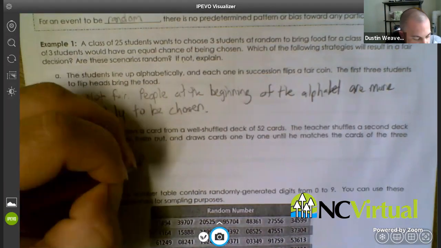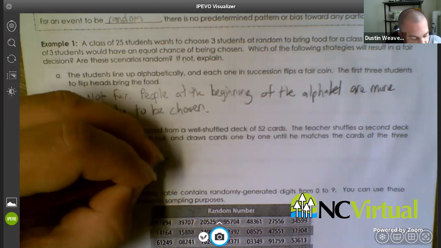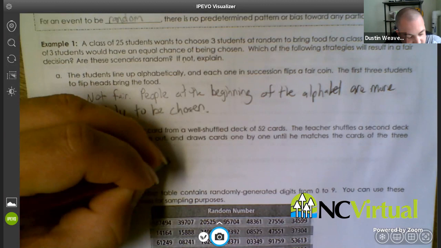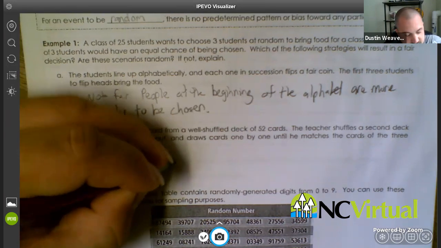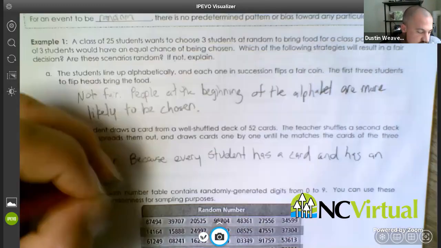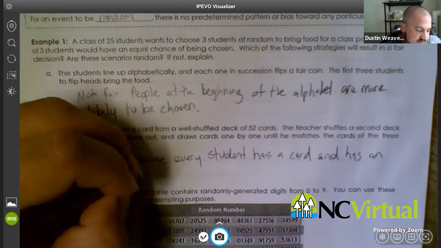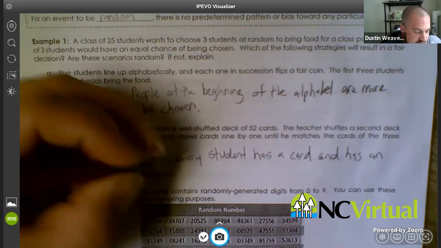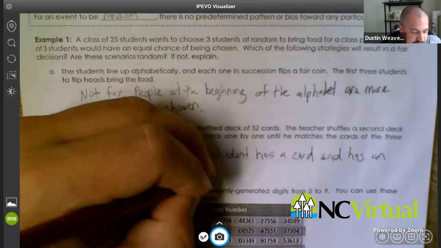It is fair because every student has a card and so every student has a card and has an equal chance of being chosen.